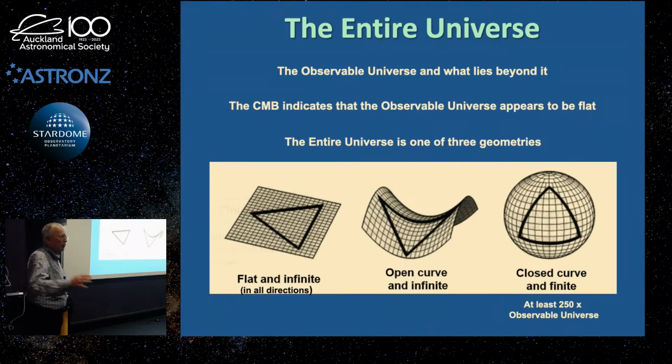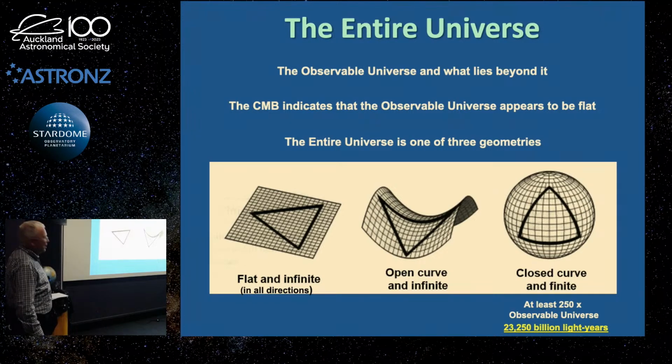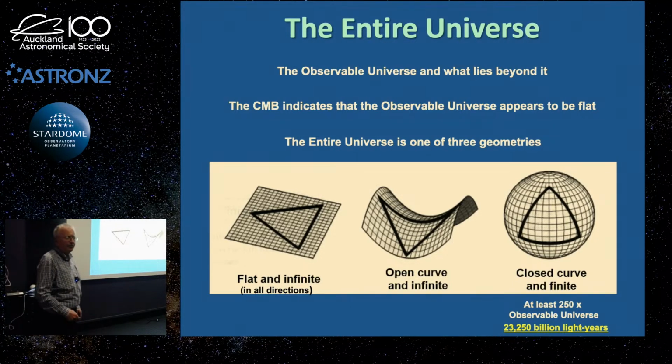It may well be more, but it has to be a minimum of 250 times that. Which means the entire universe, even if it's closed and finite, still has to be at least 23,250 billion light years across. That's the bare minimum it has to be, if it's not infinite.